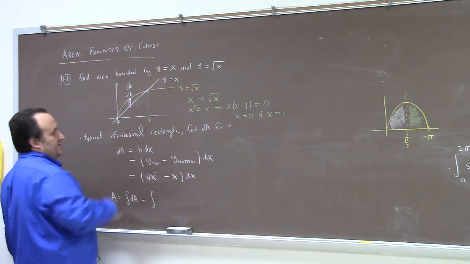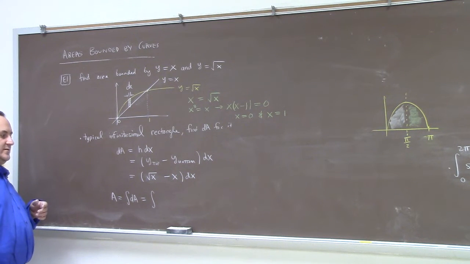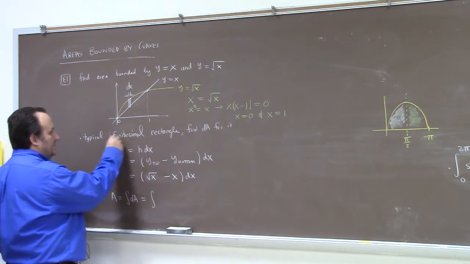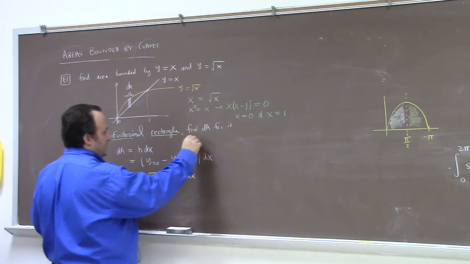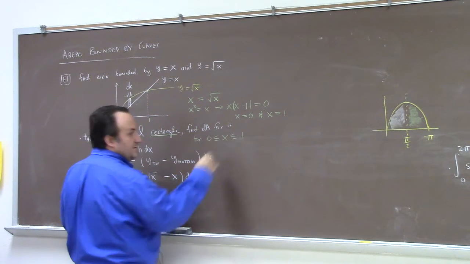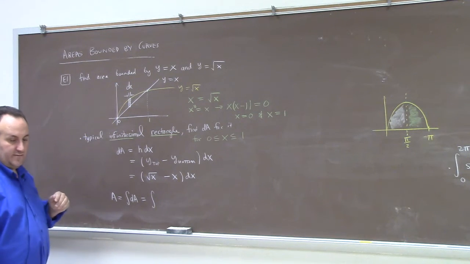We already knew 0 just because we saw it. So the intersection points here are at 0 and 1. We can draw this infinitesimal rectangle for 0 less than or equal to x less than or equal to 1. That's where we can make this dA picture.